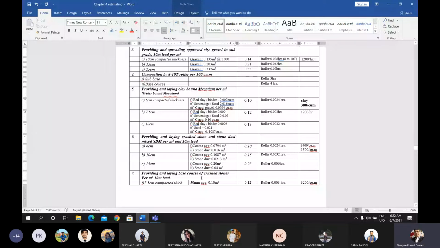For the 15 centimeter compacted thickness, coarse aggregate of 0.20 meter cube and the stone dust of 0.04 meter cube. Okay, and these materials are used separately for the respective thickness.